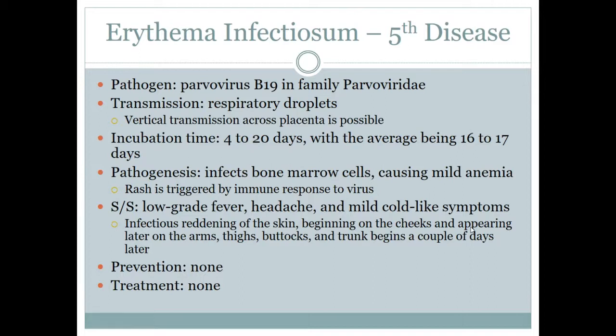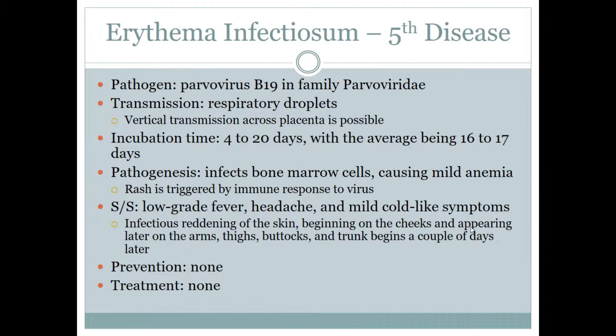It is transmitted through droplets, and vertical transmission is possible. Causes an anemia and a rash. And the rash is triggered by the immune response to the virus. So as the immune system starts fighting the virus, it produces this rash.